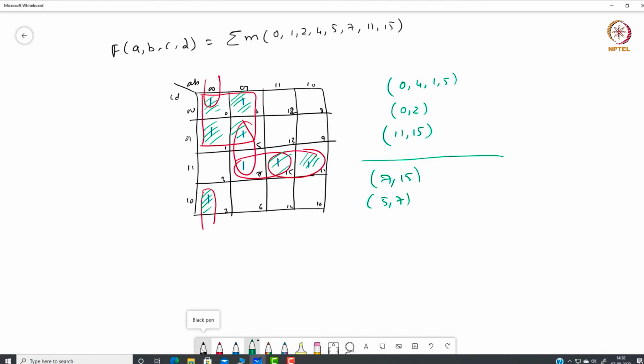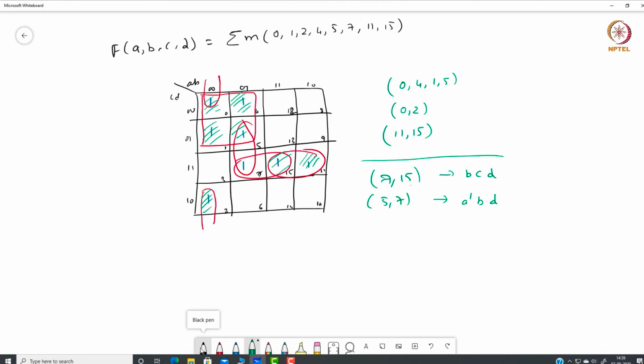So here, let us see the size of both of these expressions. What is the product term corresponding to 7 and 15? The product term corresponding to 7 and 15 is B, C and D, and the product term corresponding to 5 and 7 is A dash, B and D. The total number of literals present in these two product terms is the same.